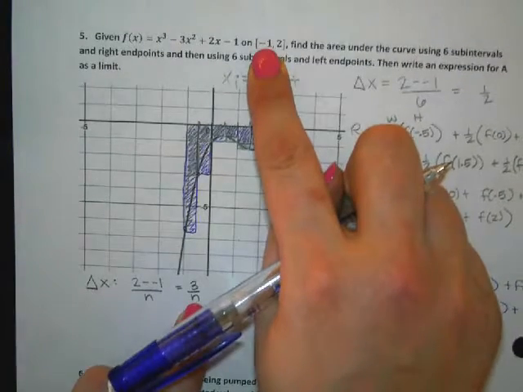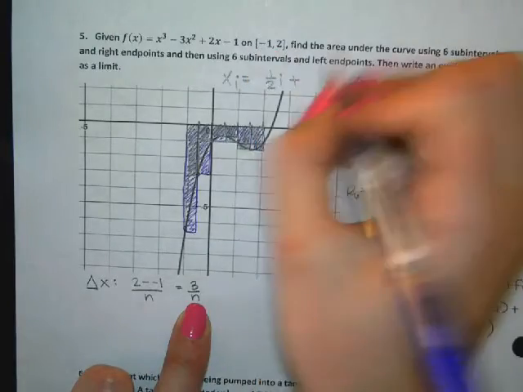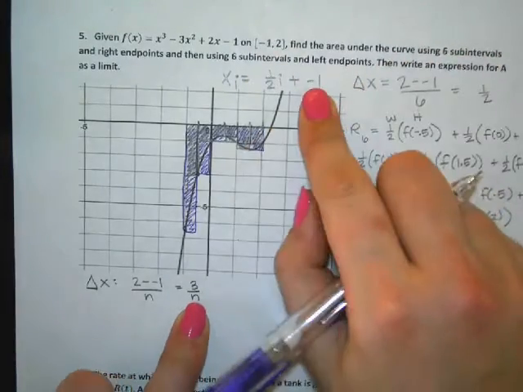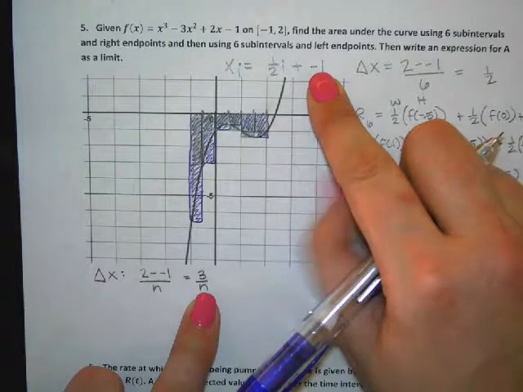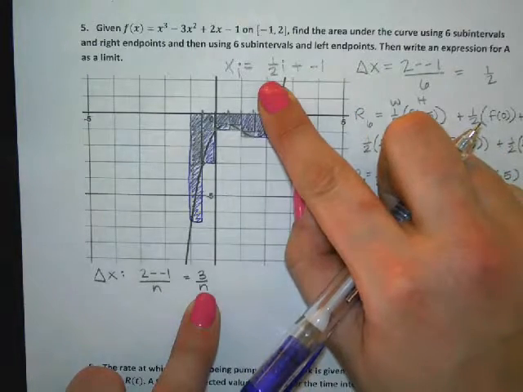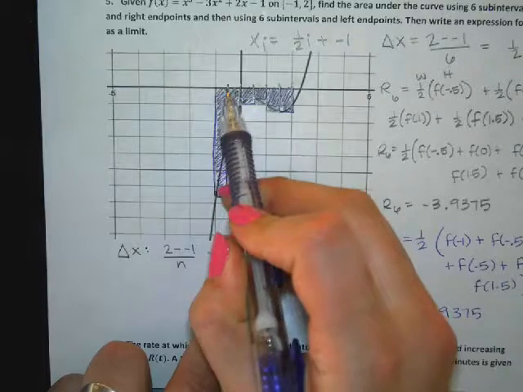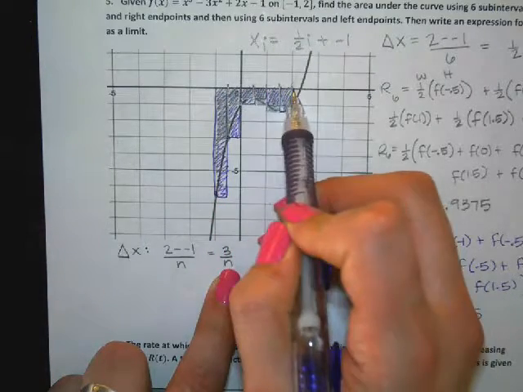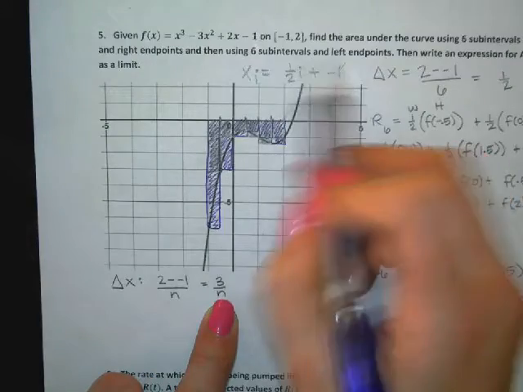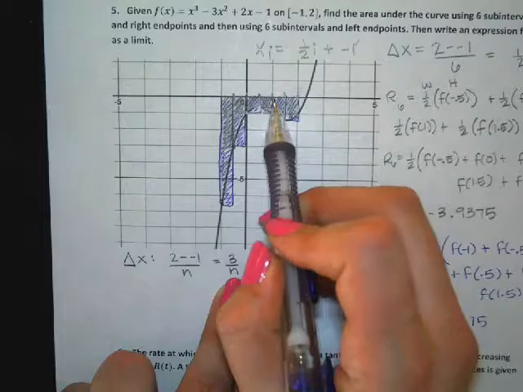The lower end of the interval. So plus negative 1. So what this notation means is start your numbers at negative 1 and add 1/2. So negative 1, negative 0.5, 0, 0.5, 1, 1.5, 2. That's what that notation is telling you to do. It's telling you where the edges of your rectangles are.